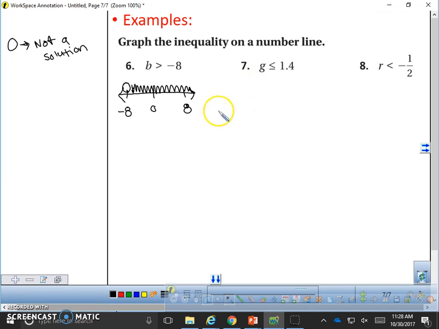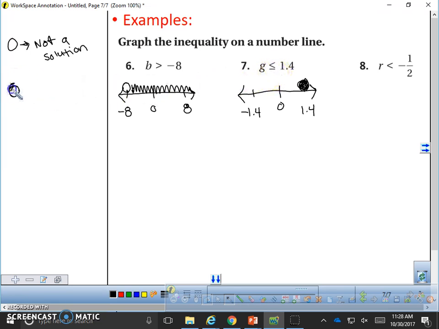Let's go ahead and look at 7. Here's how we graph 7. On a number line, I want to see 0. Okay. I want to see 1.4. I want to see the opposite of 1.4, -1.4. Okay, put a circle at 1.4 and fill it in because it says it's equal to. It is equal to.